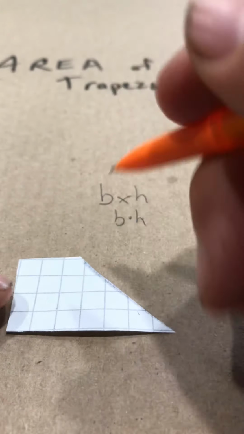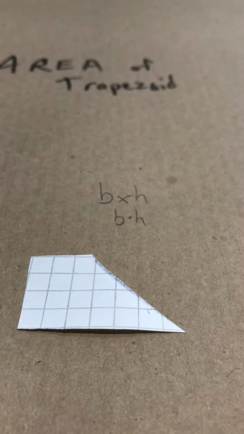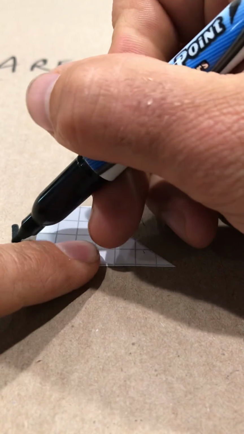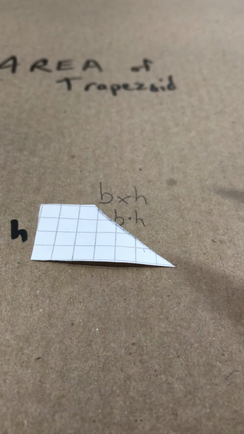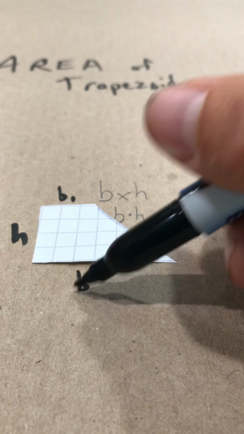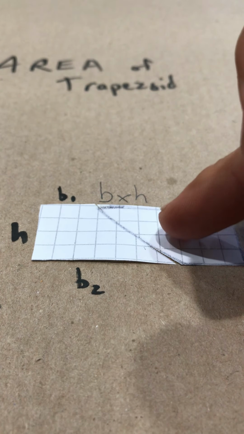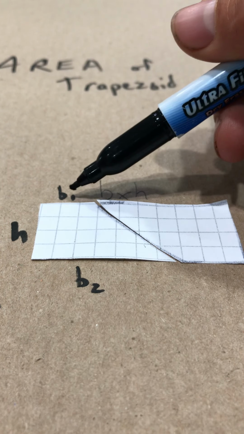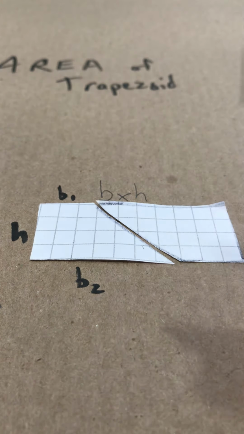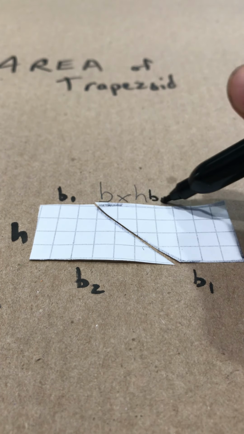All right, so I'm going to label this height because this is still the height. Let me switch pens here so that we can see it a little bit better. All right, let's label this the height. And I'm going to call this one base 1. I'm going to call this one base 2, because when I duplicate that and flip it over, check out what happens. I have base 1, that's the smaller end, ends up flipped down over here, and base 2, this bigger end, ends up here.